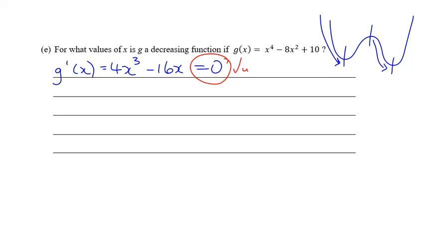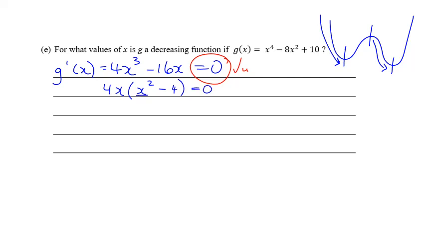All right, how do I solve that one just there? Something equals 0. I've got to factorize that. Find factor of 4 leaves me with 4x into x squared minus 4.